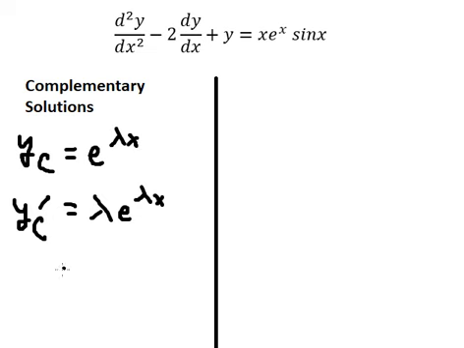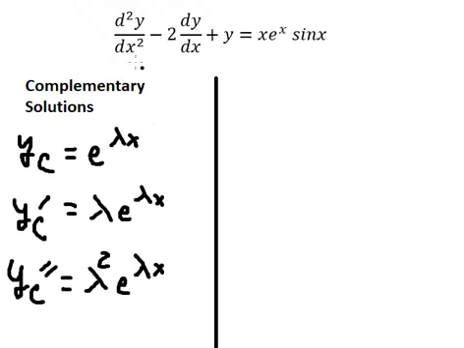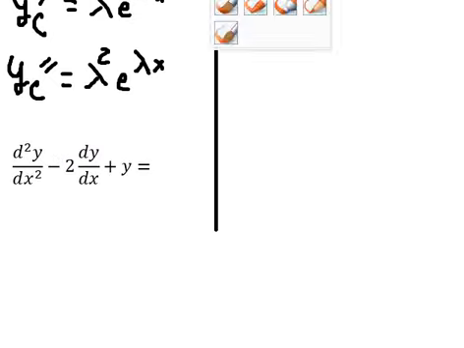You got lambda. Now we go to the second derivative of yc, and we have lambda squared e to the power of lambda s. Because this is about complementary solutions, I will put this equal to 0.